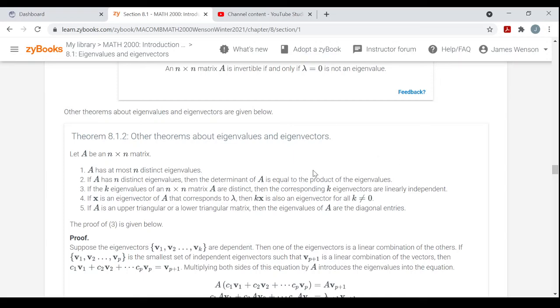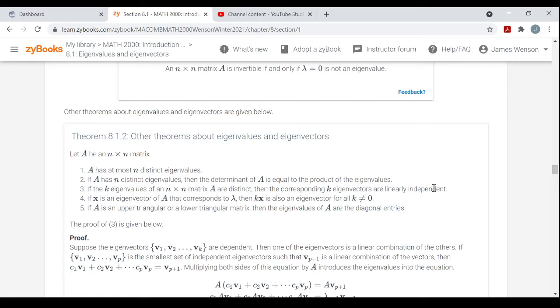Again, if you count the repeated ones, the determinant of a matrix will be the product of all the eigenvalues, even if you repeat some. If the k eigenvalues of an n by n matrix A are distinct, then the corresponding k eigenvectors are linearly independent.